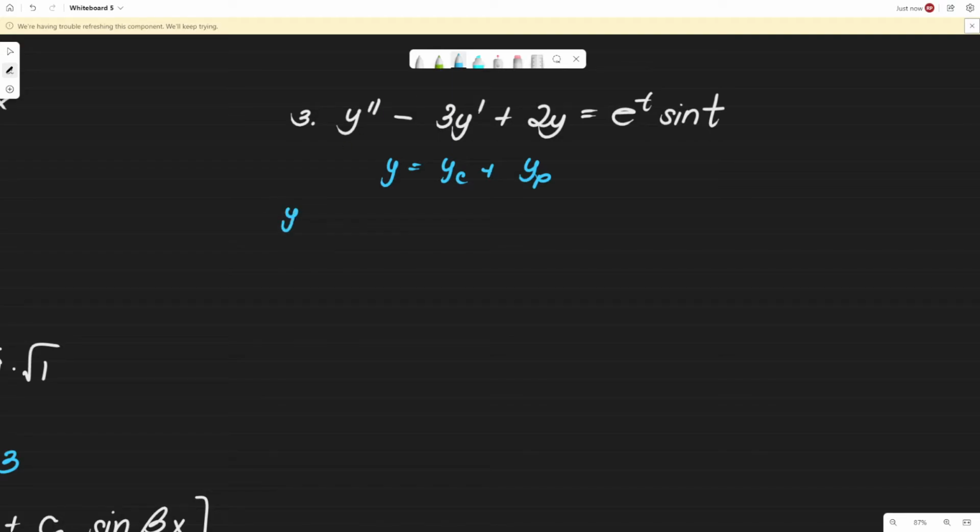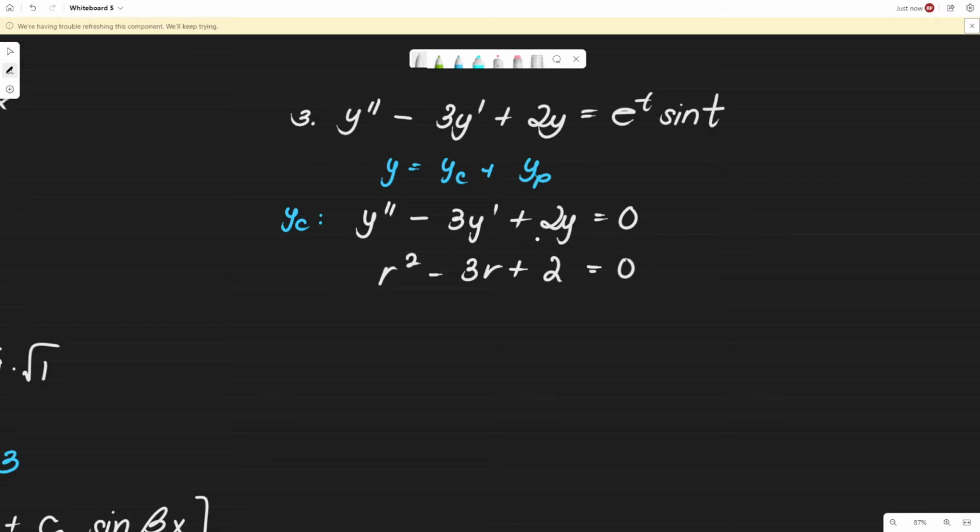For yc, we have y double prime minus 3y prime plus 2y is equivalent to 0. So we have r squared minus 3r plus 2 is equivalent to 0. What are the factors of 2 that will give us negative 3? That's negative 2 and negative 1. So we have (r minus 2) and (r minus 1), equivalent to 0. So r is equivalent to 1 and 2.